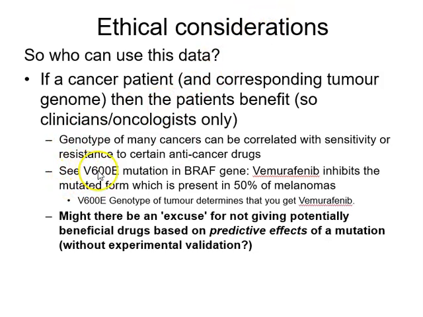So, for example, there are mutations like the V600E mutation in the BRAF gene. Melanomas often have this mutation, and there's a drug that specifically inhibits the mutated form. So this is where we can use genomics in a really positive way to give specific drugs that work against specific mutations.